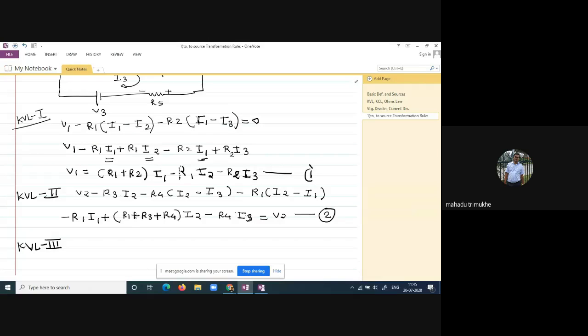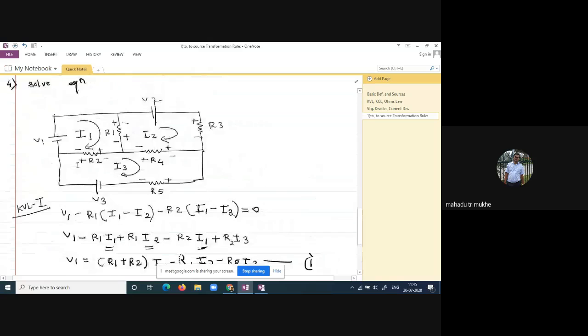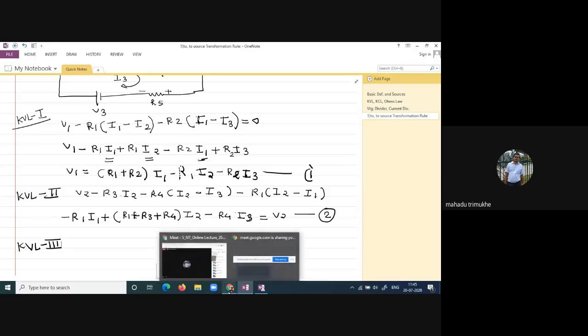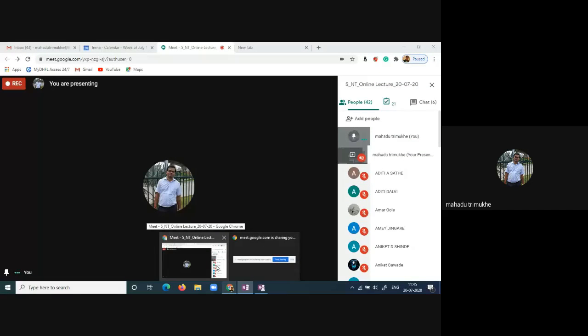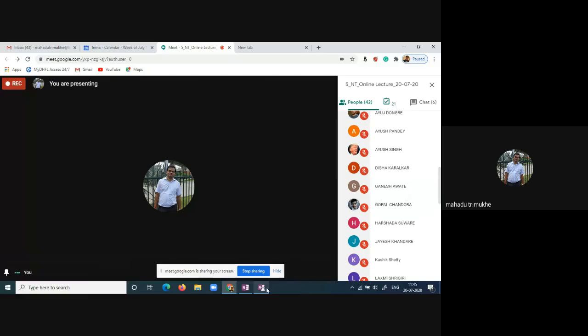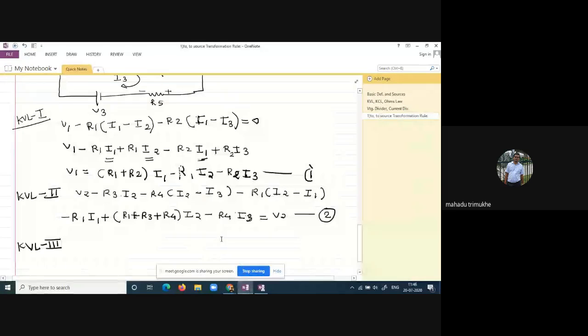Gopal, what is the third equation? V3 minus R2 bracket.